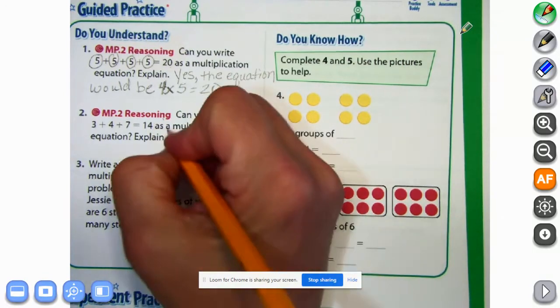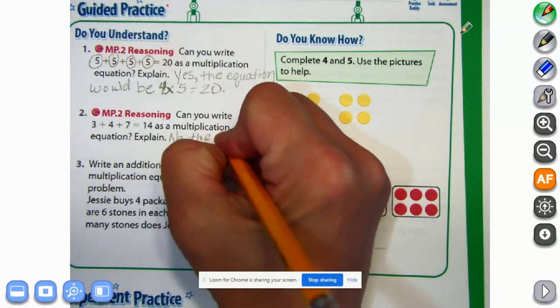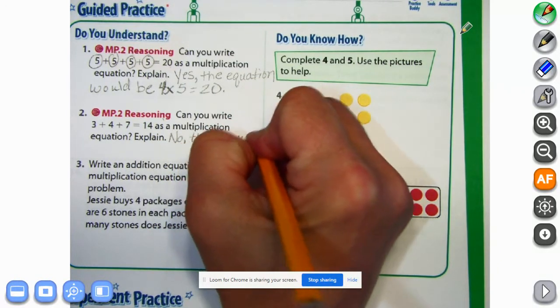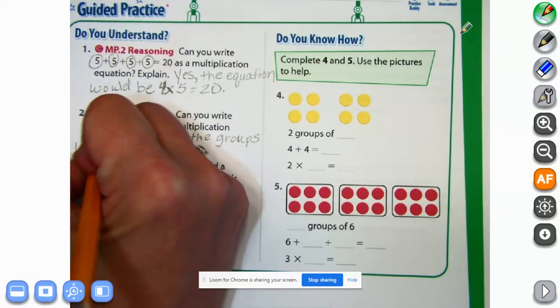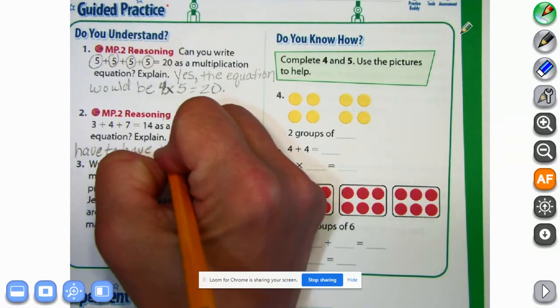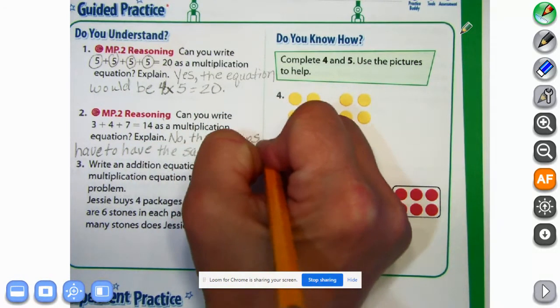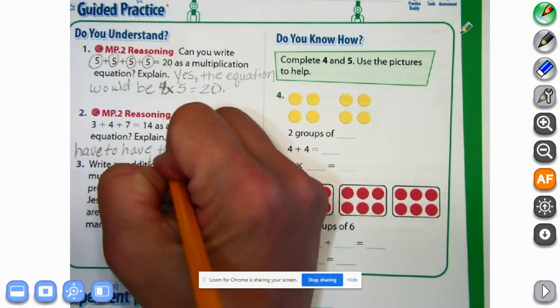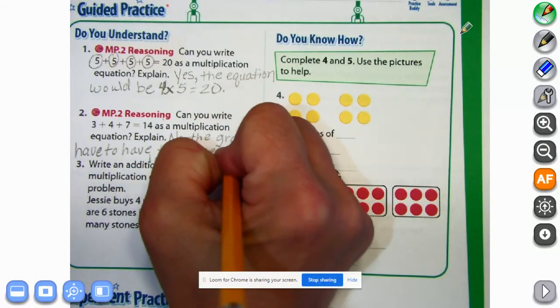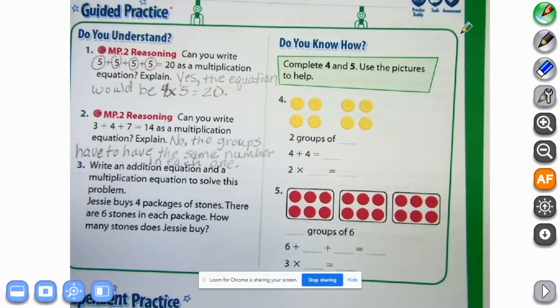Our answer is going to be no. The groups have to have the same number in each one. Okay, so we talked about that before. We'd need to have 3 groups of the same number. We couldn't have different numbers.